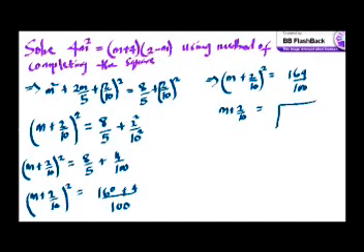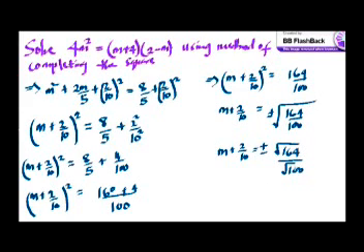That is going to give me m plus 2 over 10 is equal to plus or minus the square root of 164 over 100, and that will give me m plus 2 over 10 equal to plus or minus the square root of 164 over the square root of 100, and that's 10.